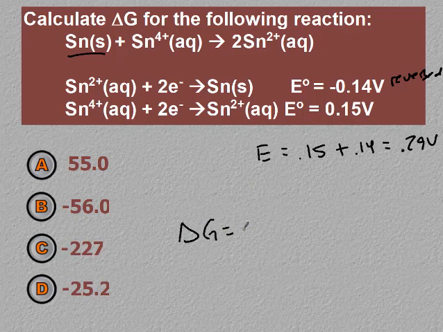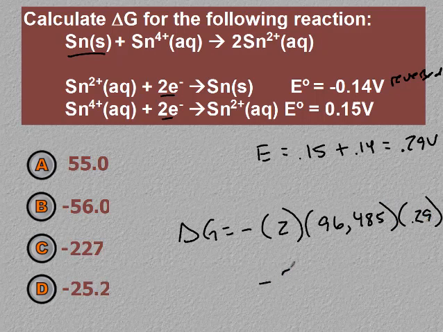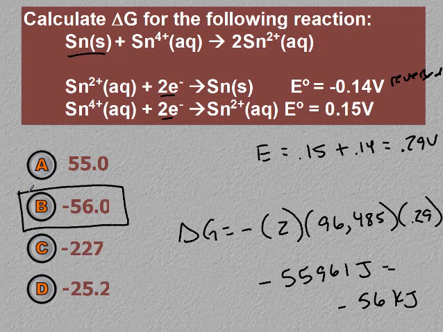Delta G is equal to negative nFE. Our electrons, we have 2 and 2, so we have 2 electrons transferred. So we get negative 56 kilojoules, or B.